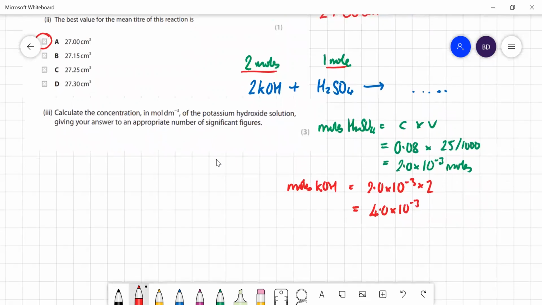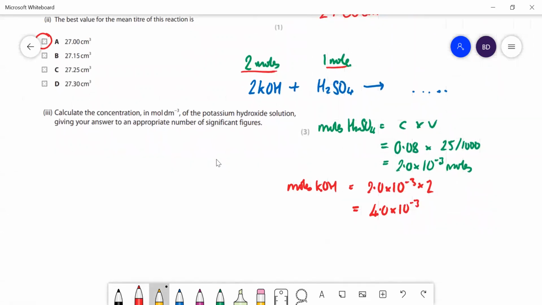So the concentration of potassium hydroxide is going to be moles over volume. This is what we've got to find out, the concentration. So the moles we just worked out is 4 times 10 to the minus 3, and the volume was the average titer.